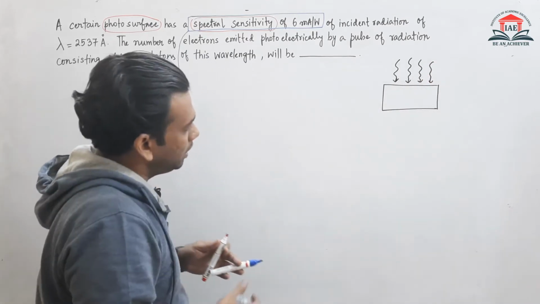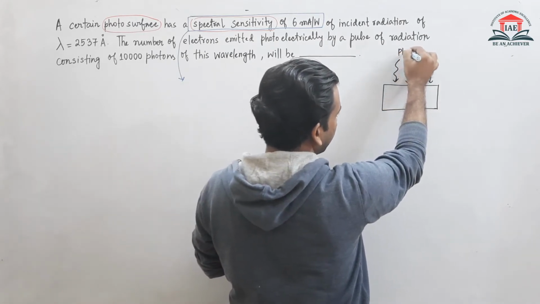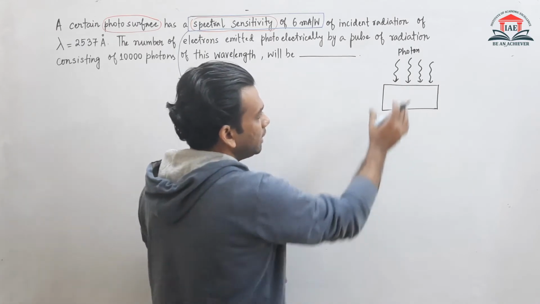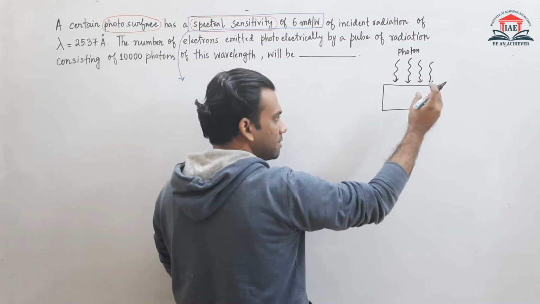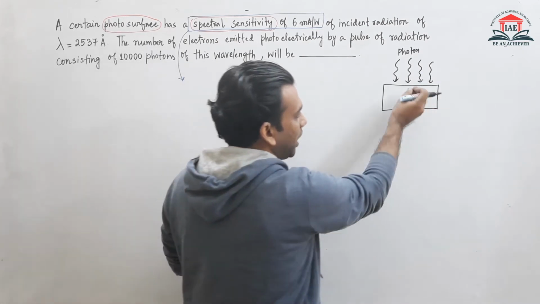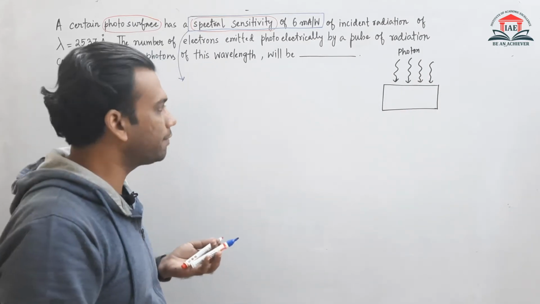Now, what does light mean? Photon particles. So photons are incident, and after incidence the surface will absorb these photons and produce some charge inside this material.